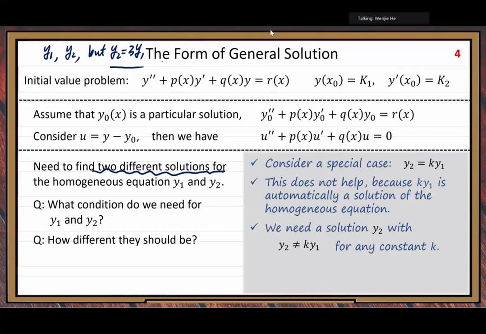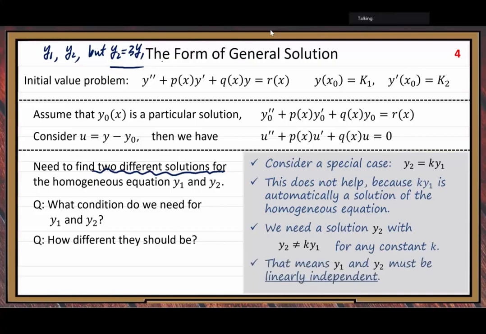The similarity is too strong, so we want to reduce the similarity. So we do not allow y2 equals k y1 for any k. Not just for one k, for any constant k. We do not allow it.